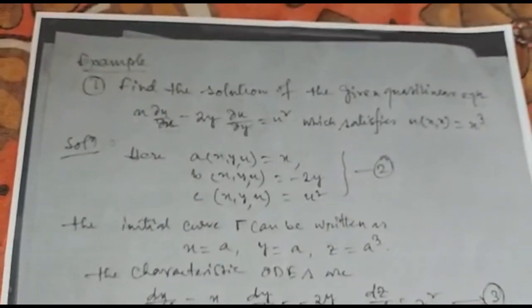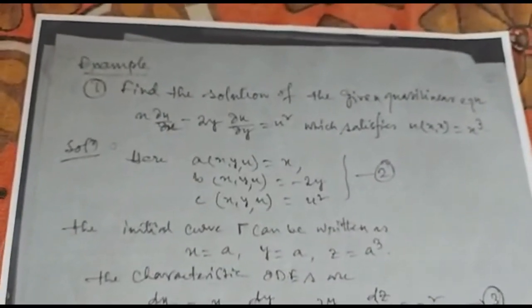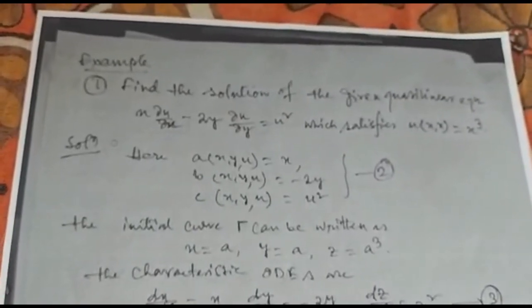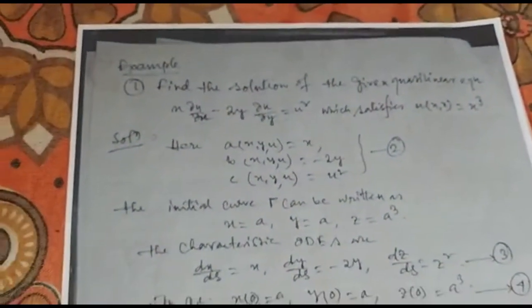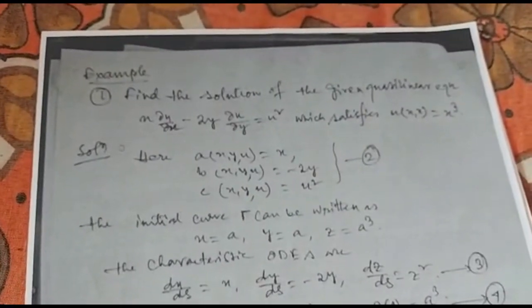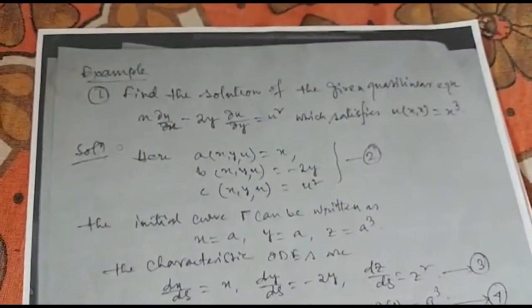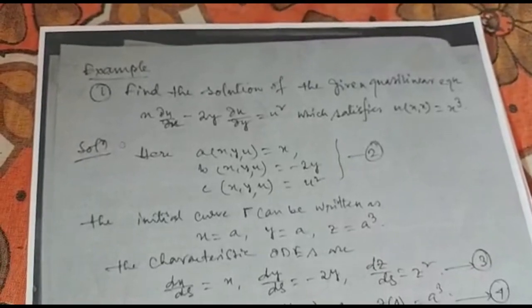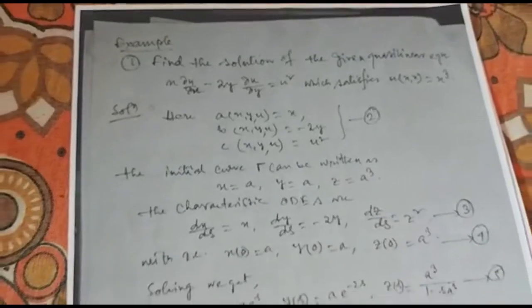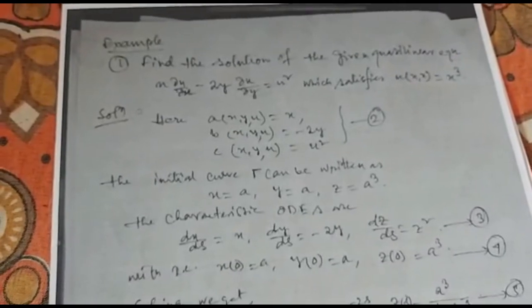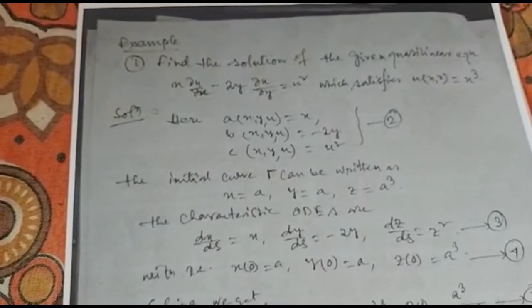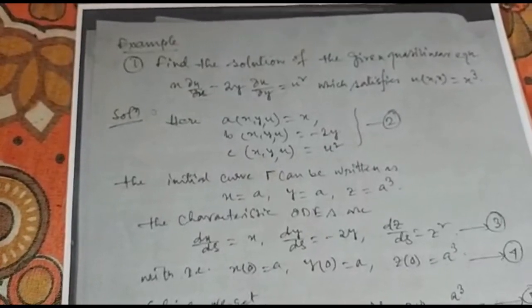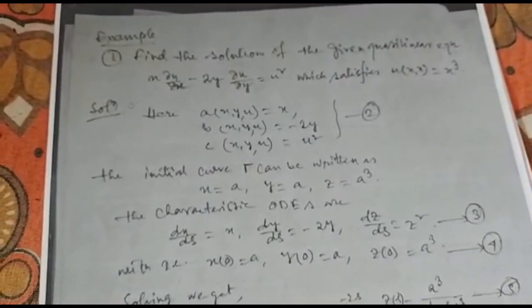And the parametric form of this initial curve can be written as x = a, y = a, z = a³, where a is the parameter. So the characteristic ODEs of the given equation 1, that is x ∂u/∂x - 2y ∂u/∂y = u², can be written as dx/ds = x, dy/ds = -2y, and dz/ds = z², which is equation number 3.